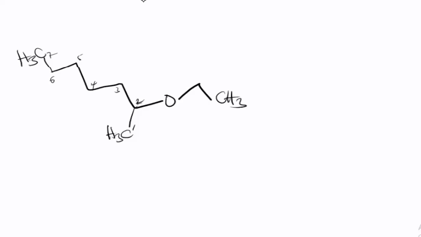So I'll go ahead and look at the alkoxy group. I have 1 2. So this shows that the alkoxy group is an ethoxy from this chain. So I'll go ahead and name this 2-ethoxy.